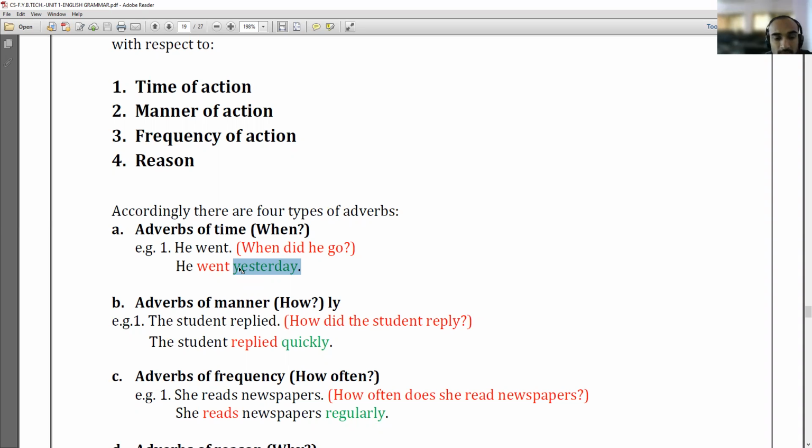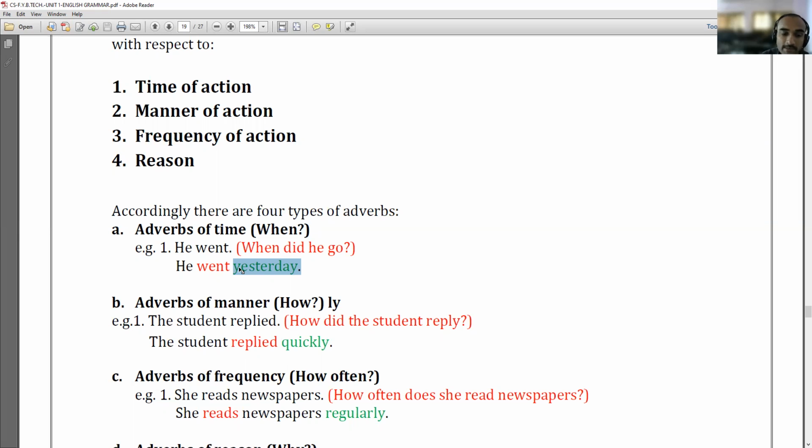Then second is adverb of manner. So when we are describing any action or when we are asking question beginning with how, then whatever answer to that question, it is called as adverb of manner.